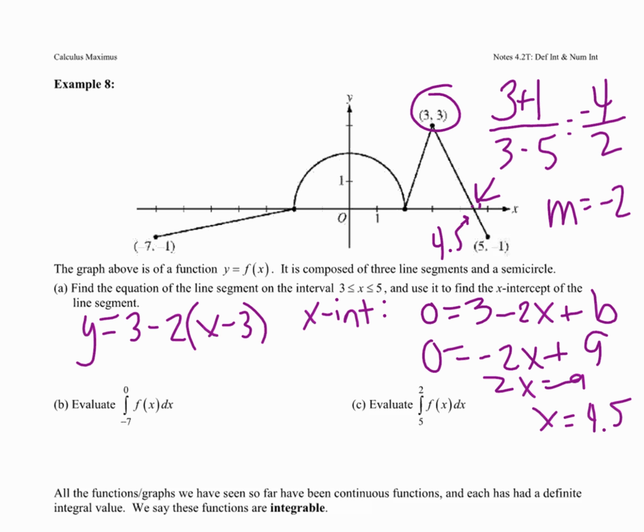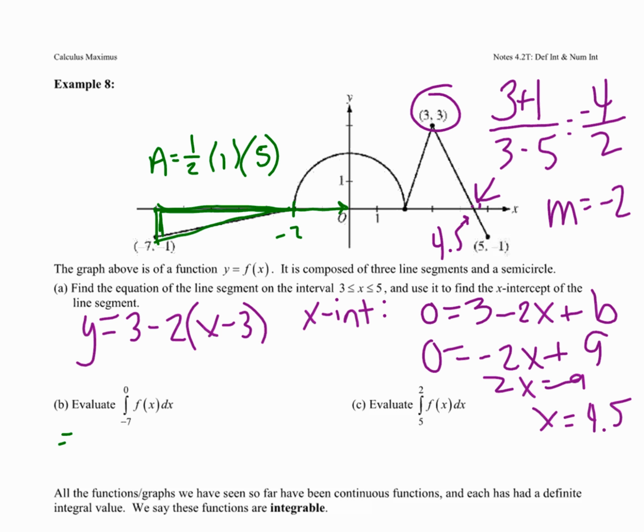All right, from -7 all the way to 0. So we look at those pieces. This part is negative. It's a triangle. Looks like the area of that would be given by 1/2 times the height, which looks like 1. And the length, -7 to -2, would be 5.